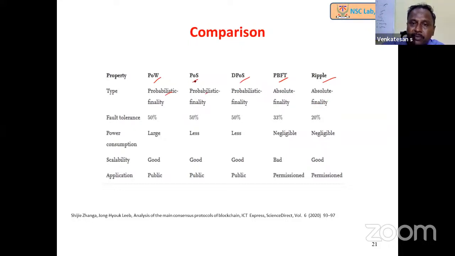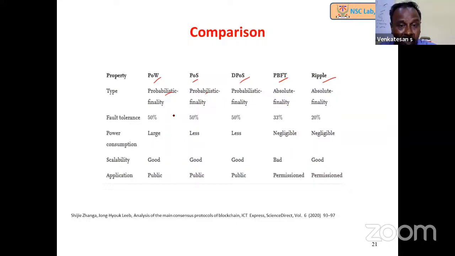Proof of stake, proof of work, and delegated proof of stake are probabilistic consensus protocols. That means, as I said already, once something is decided, there is no guarantee that it will be final. It is possible that something else will come and replace it. However, in the case of practical Byzantine fault tolerance and Ripple, it is absolute. Once we have decided, that is decided, no change on that.